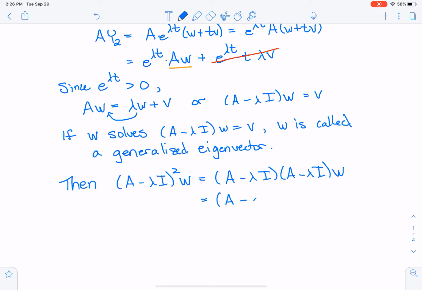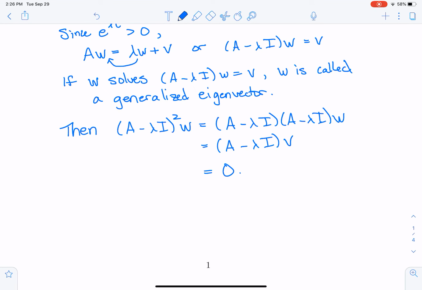But a minus lambda I times w is actually equal to v. And a minus lambda I times v, because it's an eigenvector, is equal to 0. So the generalized eigenvector actually solves a minus lambda I squared times w equal to 0.